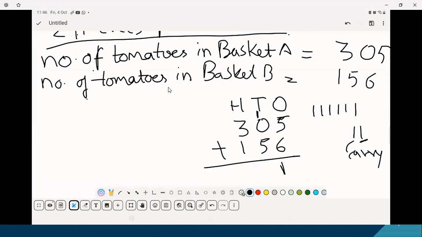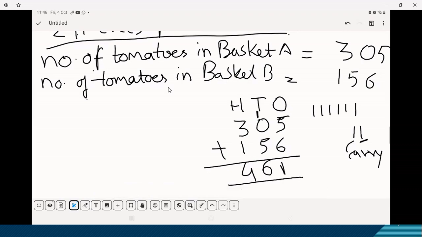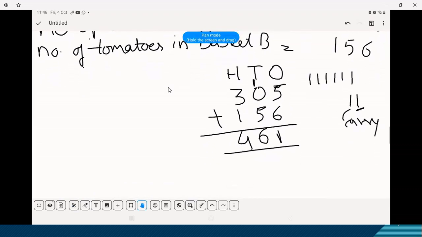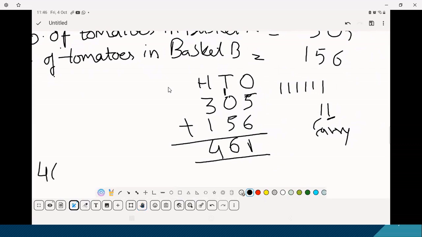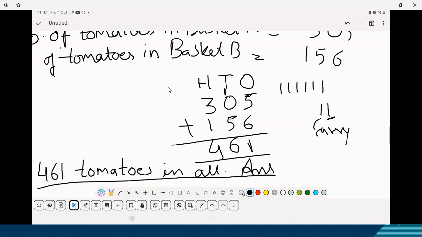This is going to add with the tens group. So 0 plus 1 is 1. 1 plus 5 is 6. And 3 plus 1 is 4. So the answer will be 461 tomatoes in all. That will be the answer that you need to write.